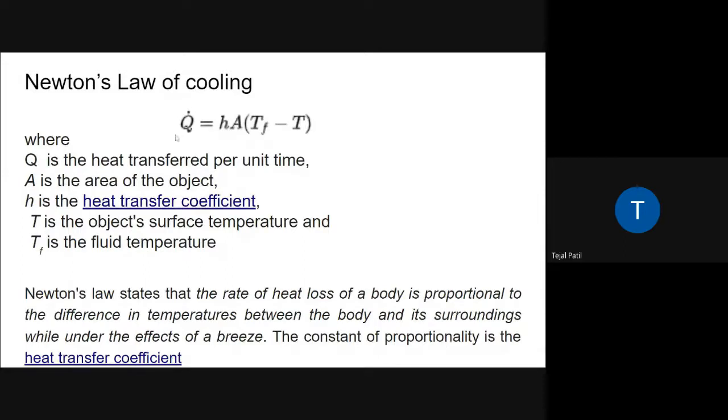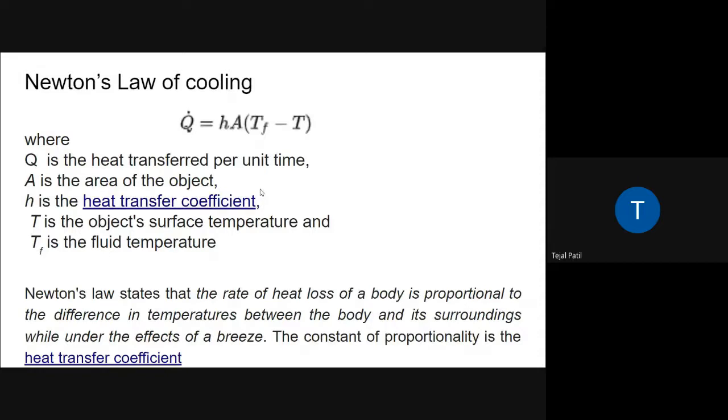It is a similar thing, but convection depends on the difference in temperature of the two bodies between which convection is going on, and it is directly proportional to the area. If you replace the proportionality sign, you have to keep a constant, that is h, and this h is known as the heat transfer coefficient.